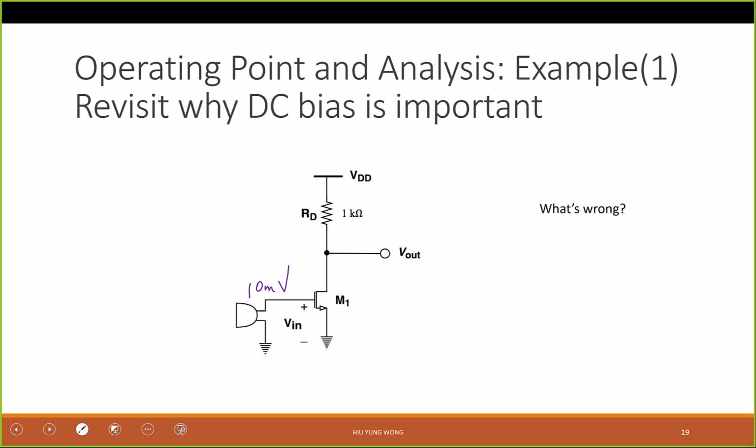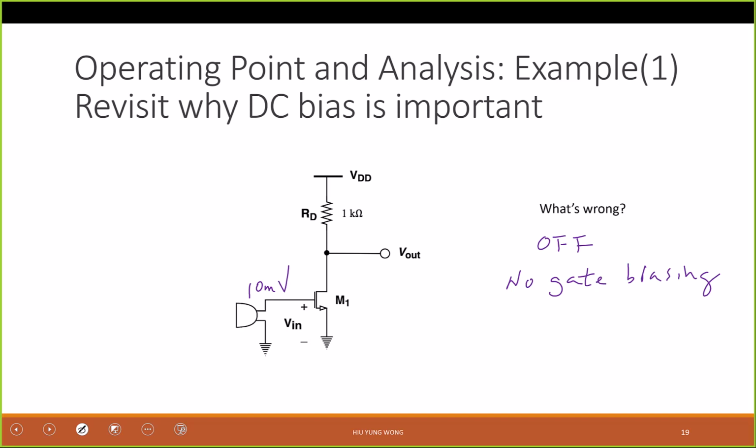This is not a small signal circuit. There's no DC biasing. What you're giving to this gate is either negative 10 millivolts or plus 10 millivolts. The transistor is always off because there's no gate biasing. You need to bias the gate to saturation.